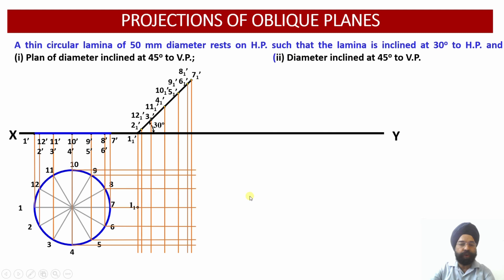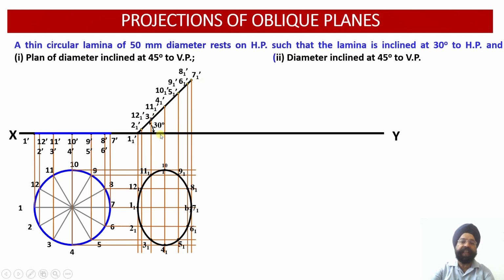So once we project all these points, you can see this is 1 1, again 2 1, 12 1, 3 1, 11 1, 4 1, 10 1, 5 1, 9 1, 6 1, 8 1 and 7 1 have been projected onto the plan view. And here we obtain this ellipse. So this ellipse we are going to draw freehand, and this gives us the projection of the circular lamina once this lamina is inclined with respect to the horizontal plane at any given angle.